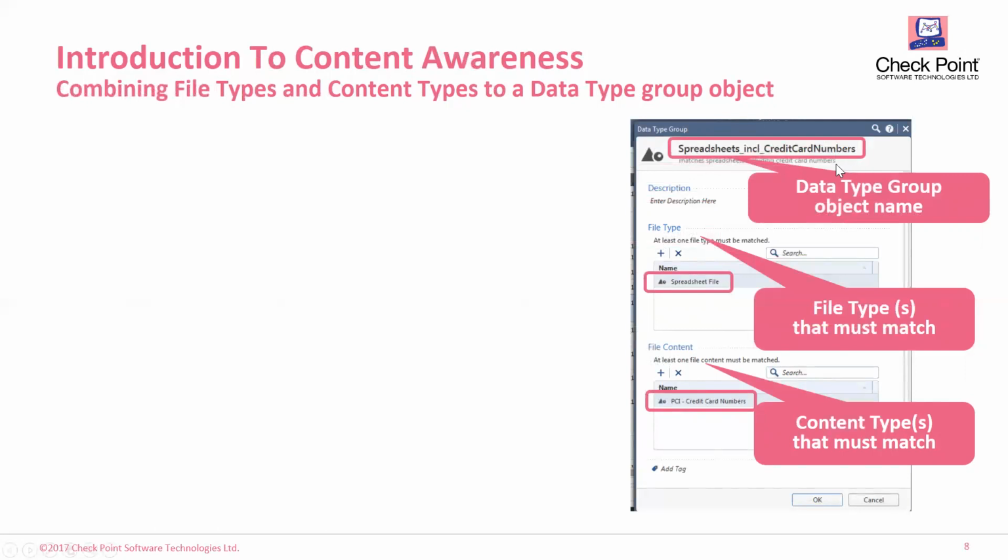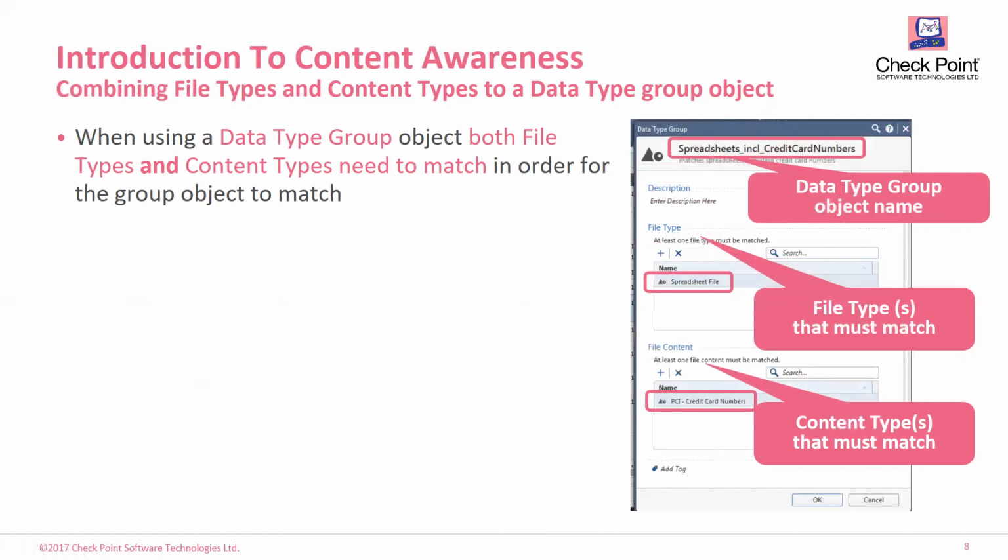And you want to make sure that this is as descriptive as possible, because you don't want to have to go back later when you're creating your rule base and look within the data group type, asking what did I do again? If you called this something like marketing rule, you have to remember what the marketing rule is, and if you have another engineer, he's going to have to look up what that marketing rule is. So within the data type group objects, make sure you're utilizing the name to actually describe what's within this rule.